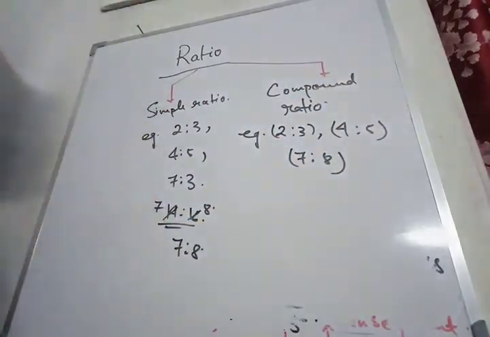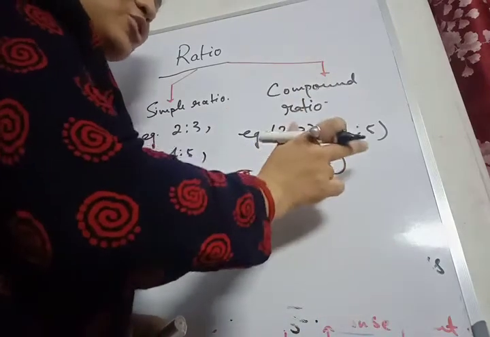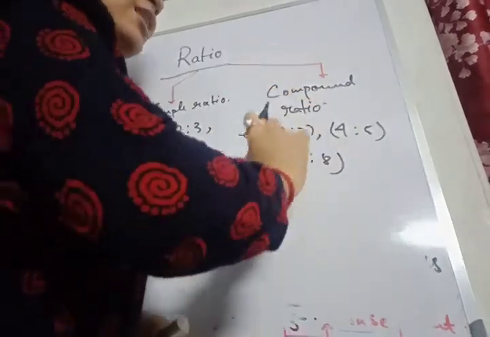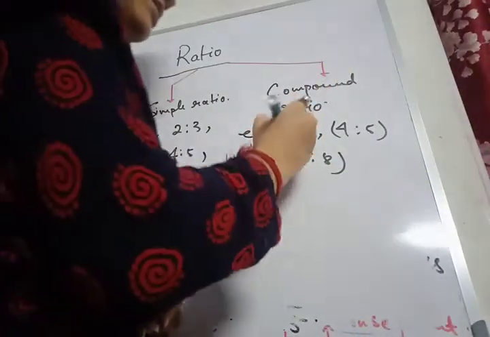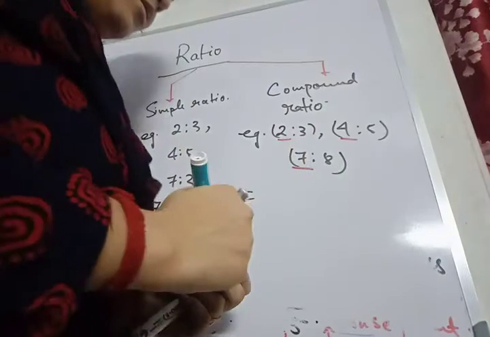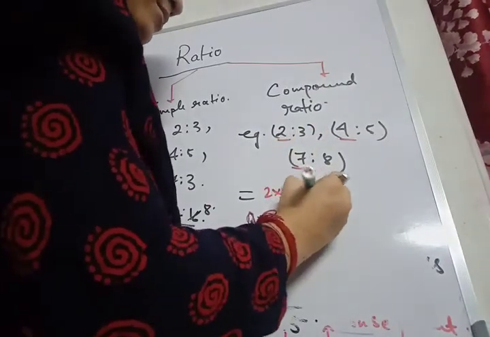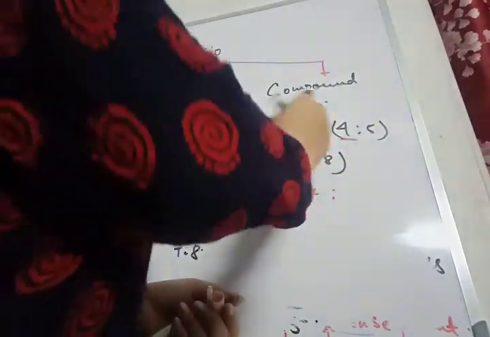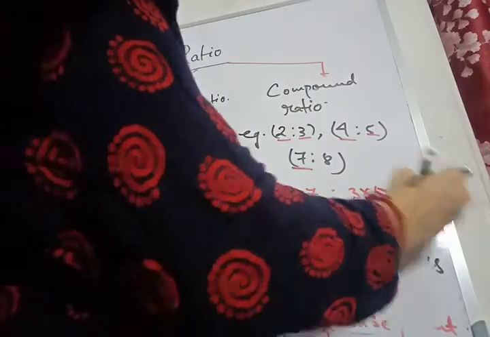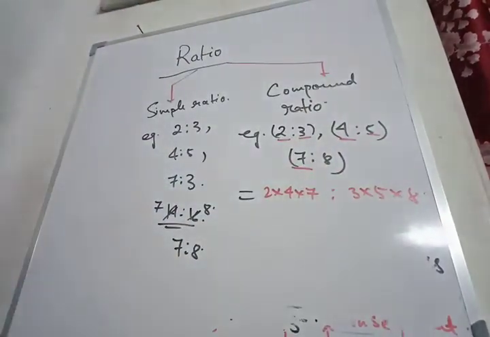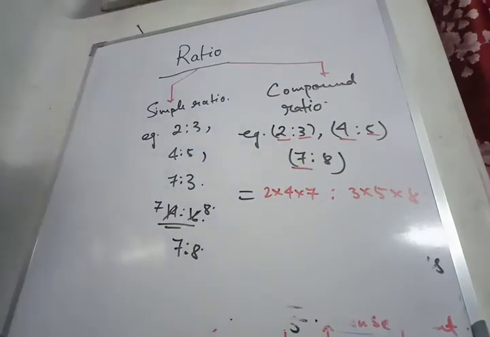Now from here I have to find the compound ratio. The antecedent will be equal to the product of the antecedents of the given ratios. Which are my antecedents? Obviously the first part, the top part. So 2 into 4 into 7 is the antecedent, and the consequent is 3 into 5 into 8. So this is my compound ratio. I have to multiply the entire thing. That represents a compound ratio.